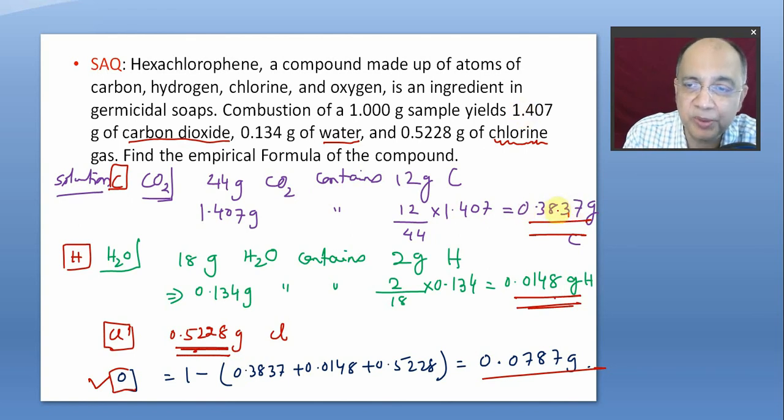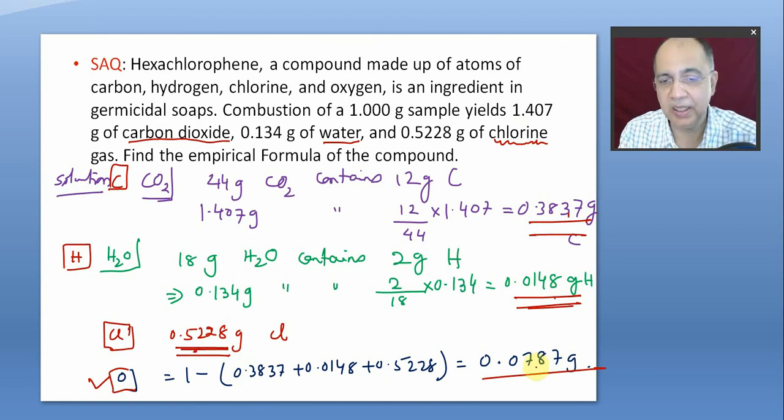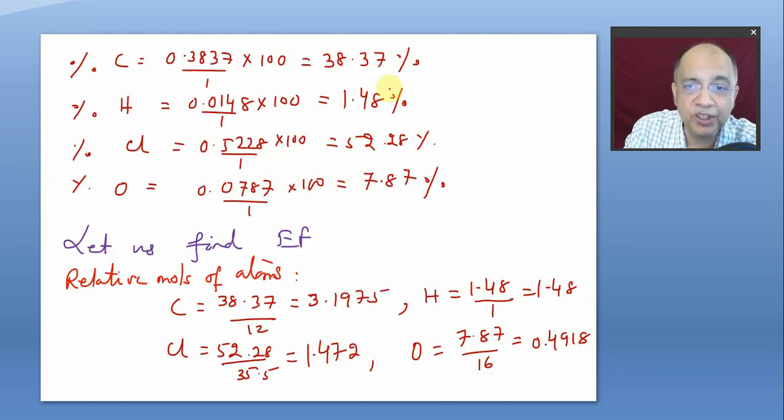So in 100 grams it will be 38.37, 1.48, 52.28, and this is 7.87. I have converted to percentage by multiplying with 100. Once I have the percentage mass composition, I divide by the respective atomic mass.